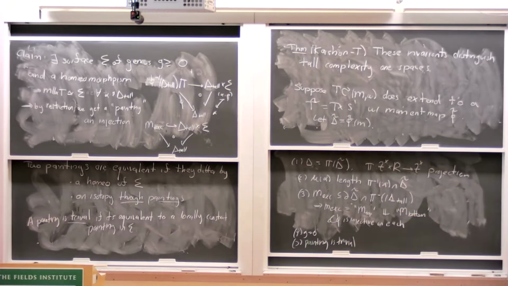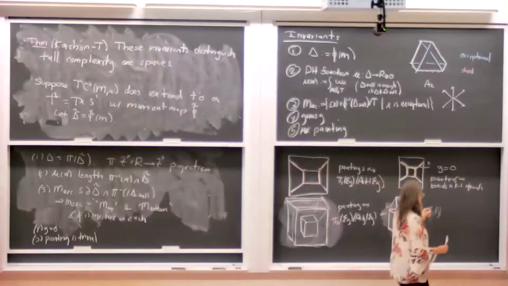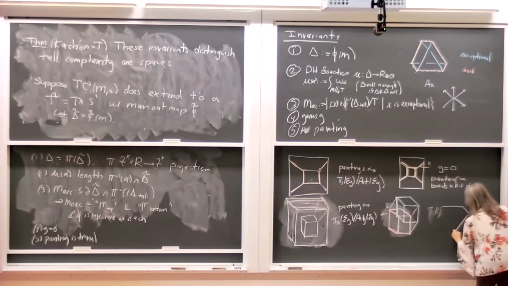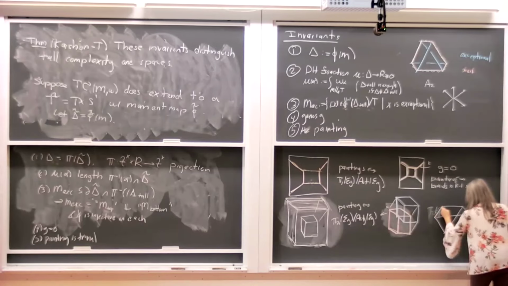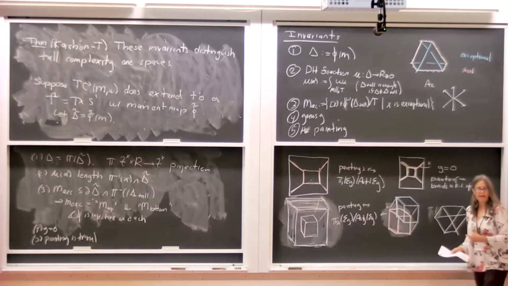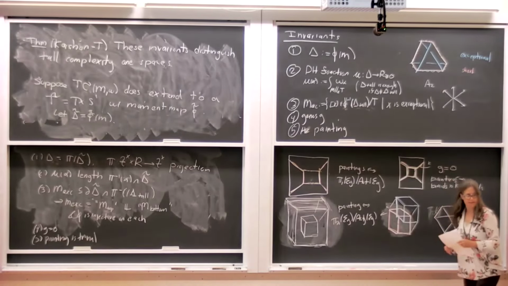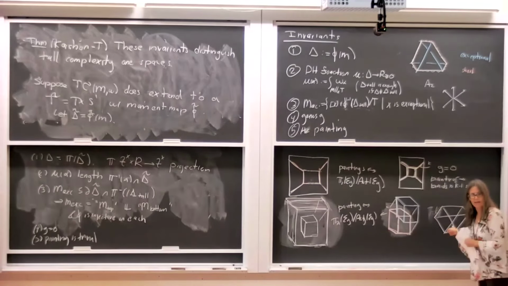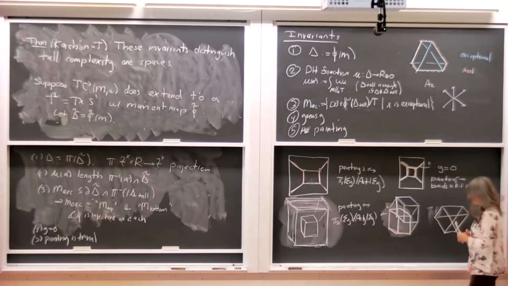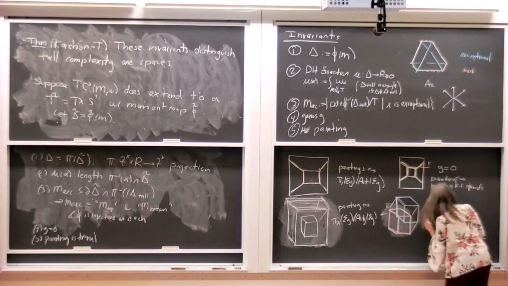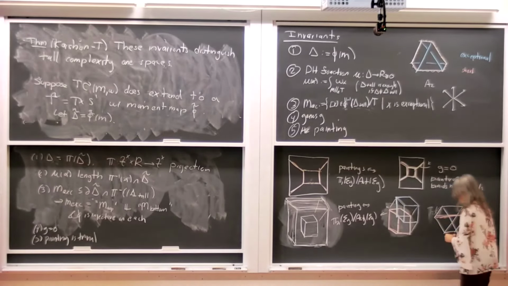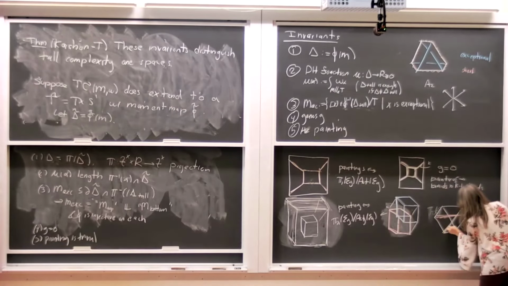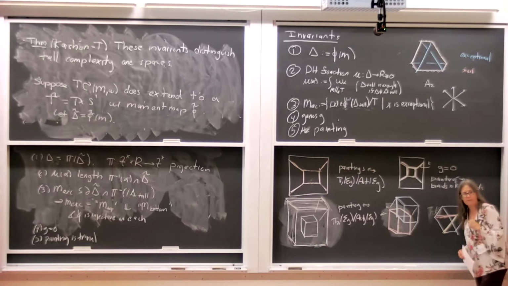So let's look at our picture again. Let's look at this one and ask if it extends. Remember my exceptional set consists of these three lines. Say this one was on the top, great, it could be on the top. And then let's say this one's on the bottom, great, it could be on the bottom.